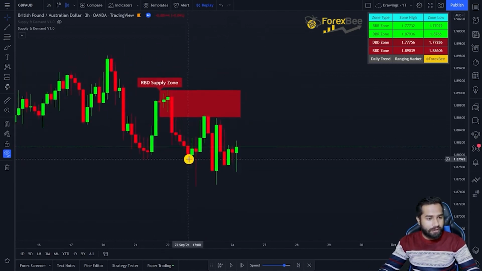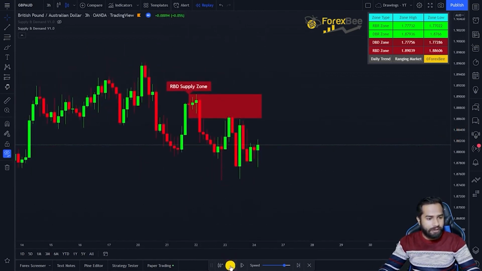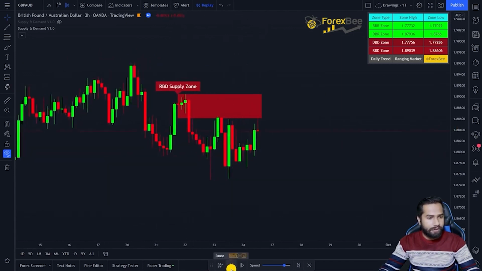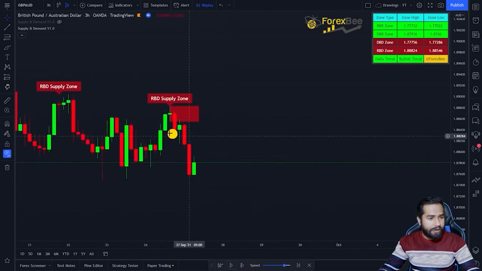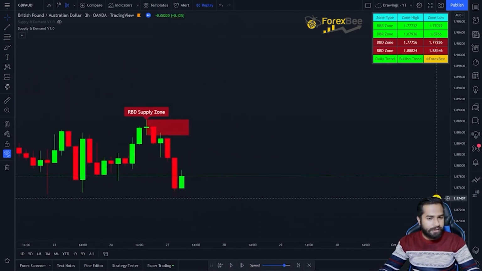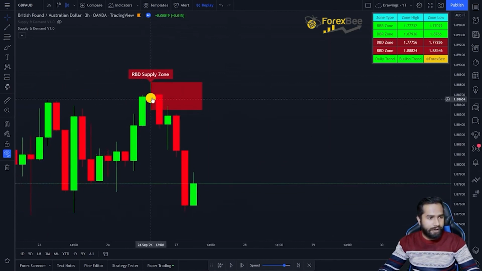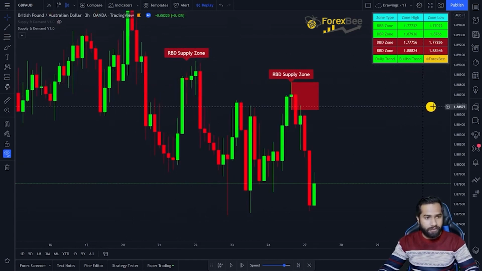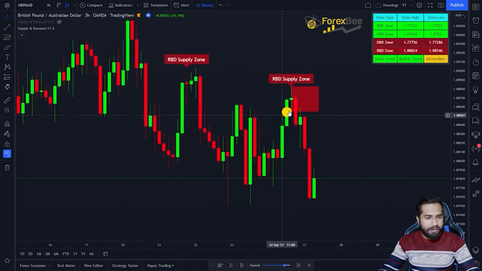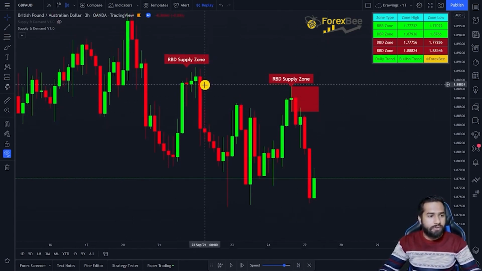Now let's keep playing the market in the forward direction. If I hit play, it's going to move, and let me just increase the speed. So here you can see the indicator has detected another rally based drop supply zone, and this rally based drop supply zone is very similar to what you saw in the drawing, and it has drawn a label. Another thing that you have noticed is that as soon as it detected the second zone, the first zone was removed and it only kept the label on that.